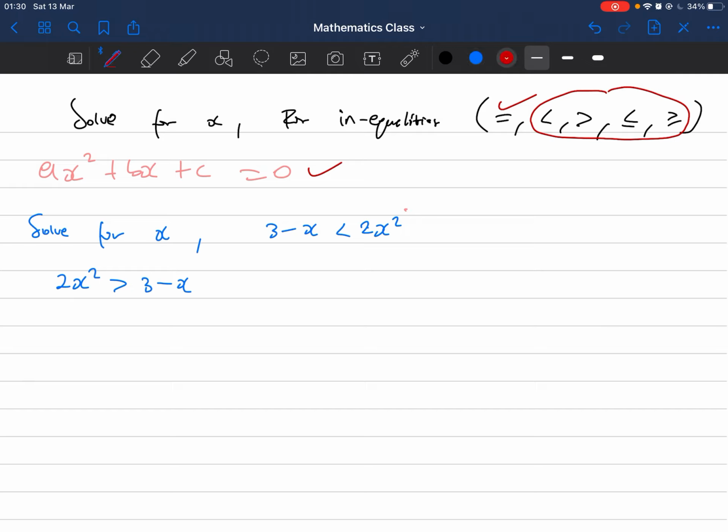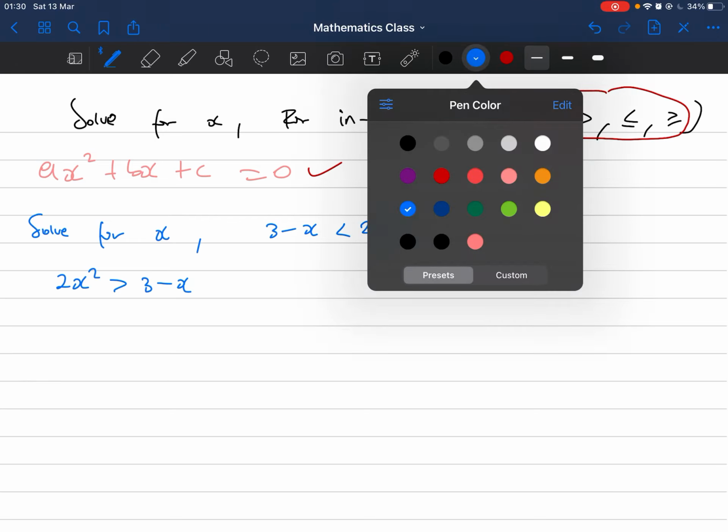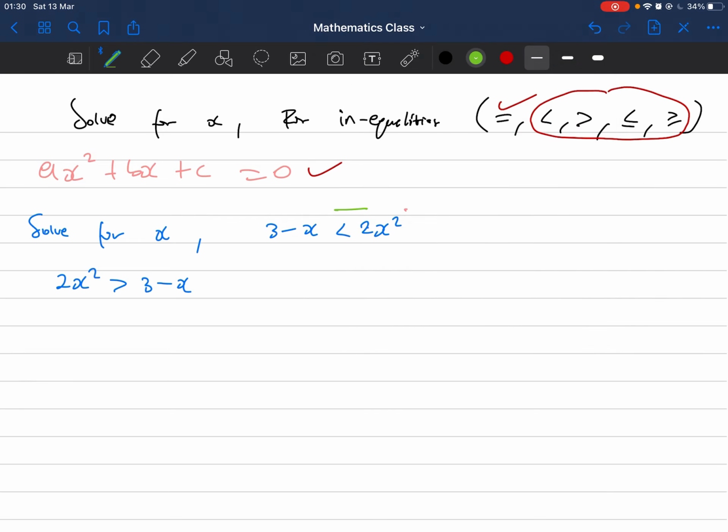So that's basically what you wrote here: 2x squared is greater than 3 minus x.